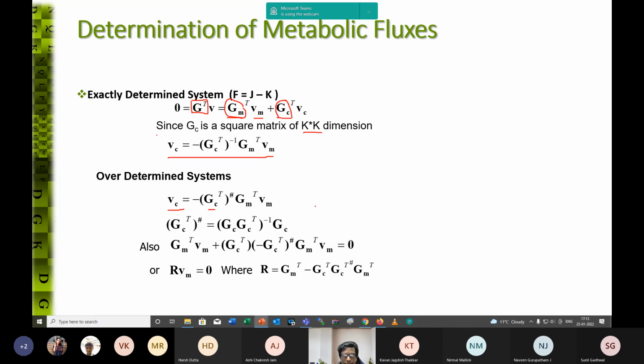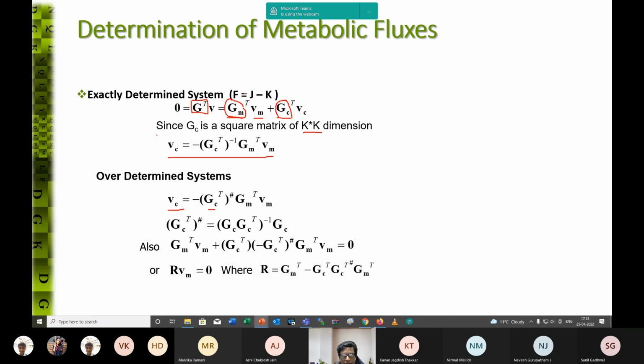Could you just tell us what an exactly determined system and an overdetermined system means? An exactly determined system means it gives you the number of measurements such that if you take those measurements, you will be able to compute the VC without having to do any other manipulation.